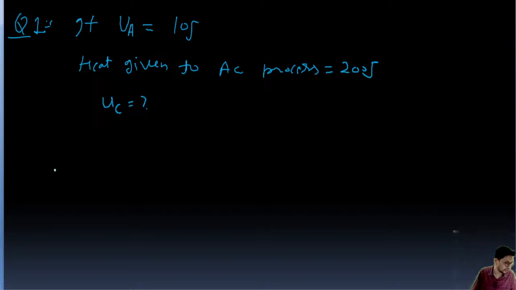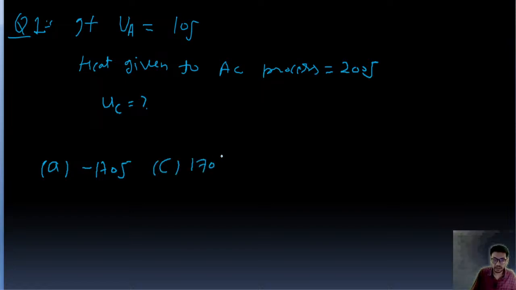I'll make a figure, then it will be clear. I'll write the options first. Option A is minus 170 joule, option B is 170 joule, option C is 283 joule, and option D is minus 283 joule.